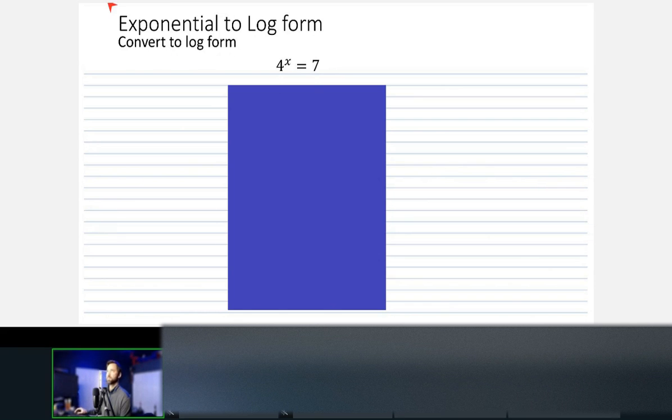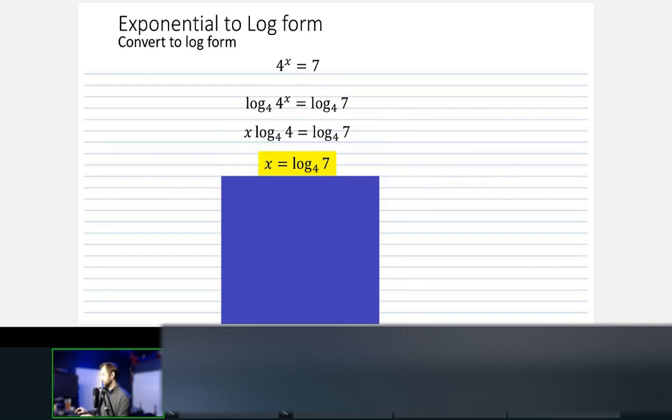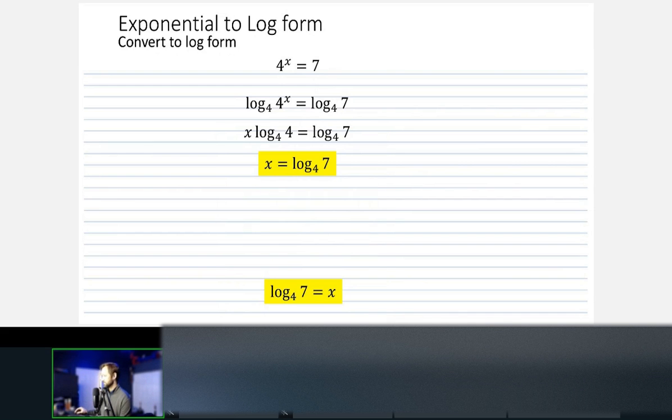Yep, log both sides. Well, we would probably want to log base 4 both sides. It'll save us an extra step. Then the x moves in front. Log base 4 of 4 becomes 1, and then you have your answer. That is the easiest way to do the problem.